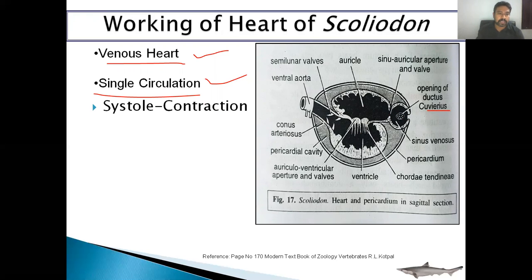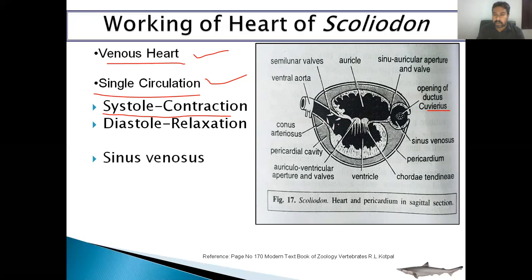The chambers, sinus venosus, auricle, ventricle, and conus arteriosus, contract and relax rhythmically, one by one. First the sinus venosus contracts, then the auricle, then the ventricle, and then the conus arteriosus. The contraction is called systole and the relaxation is called diastole.